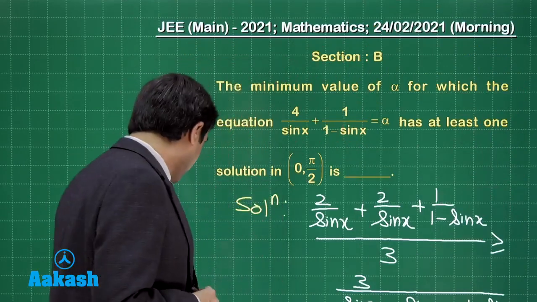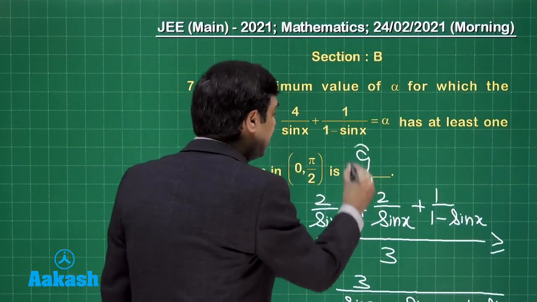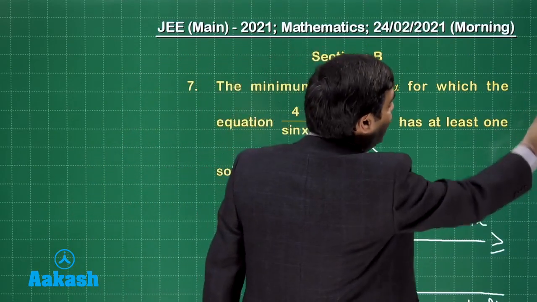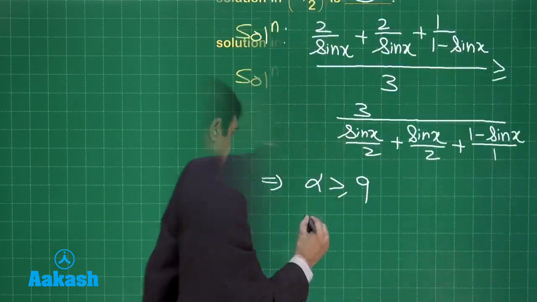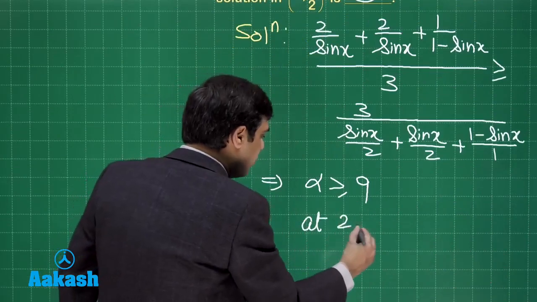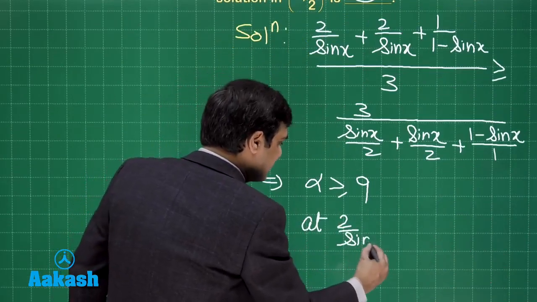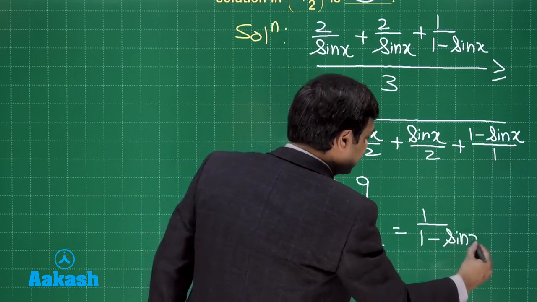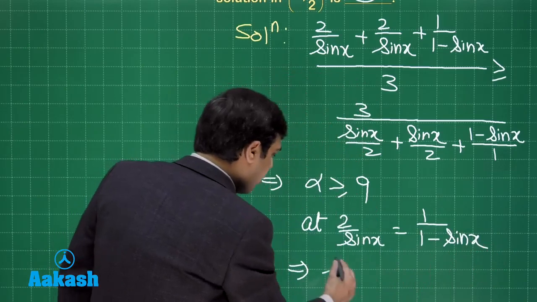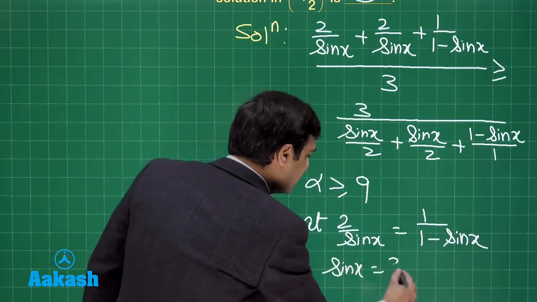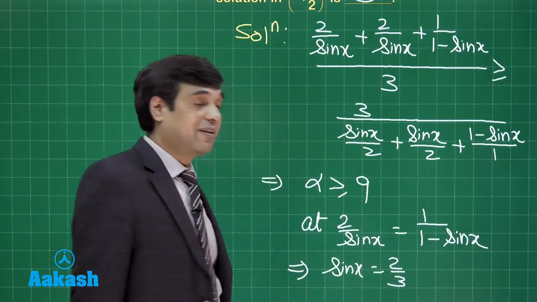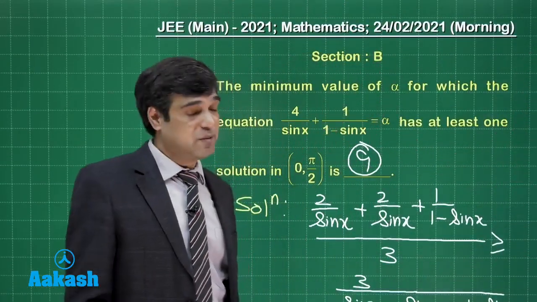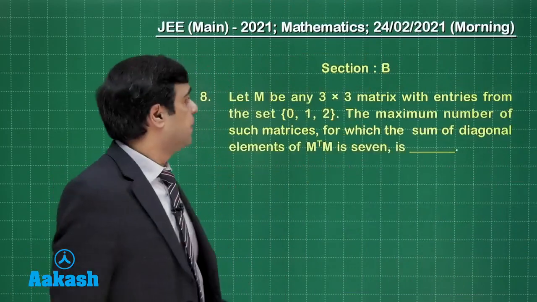So the value 9 can be obtained here, and you get this value when 2 by sine x is equal to 1 upon 1 minus sine x. On cross multiplying, you obtain the value of sine x as 2 by 3, which is well within the given limit. So yes, the correct answer for this question is 9. I'm sure this is clear. Let's take up the next one.